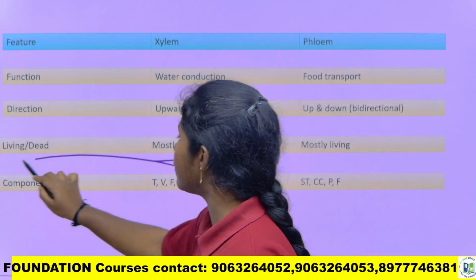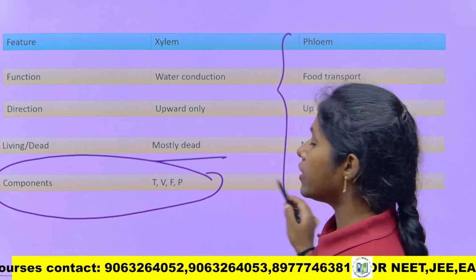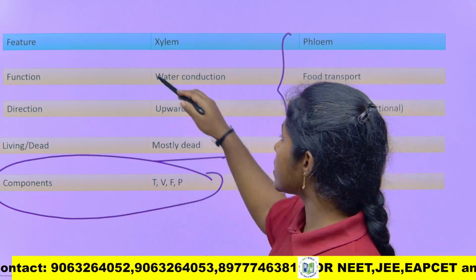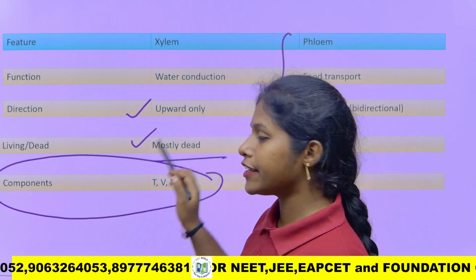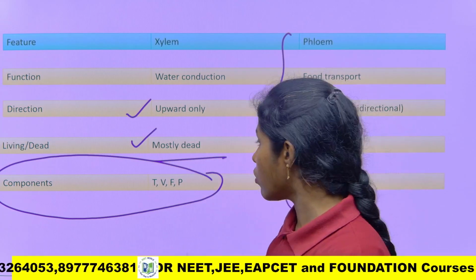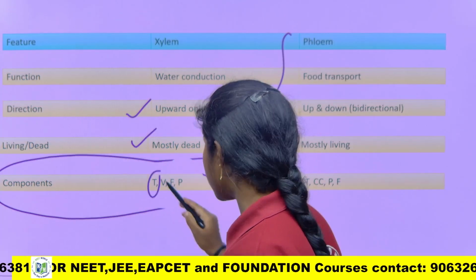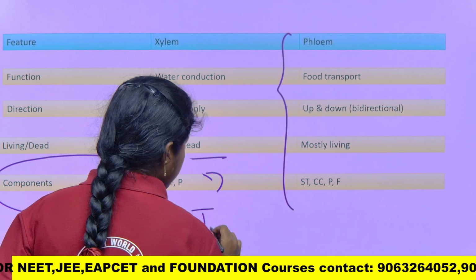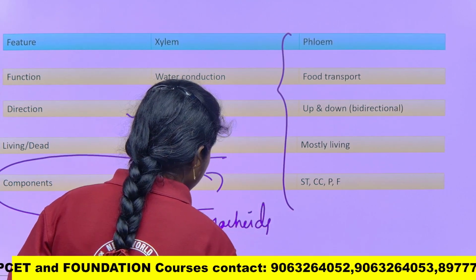Now we are discussing the components of the xylem, then we will look into the phloem. Then it will be very easy for you, children. What is the direction of the xylem, children? It always moves upwards. They are mostly dead tissue because tracheids, vessels and xylem fibers are dead.